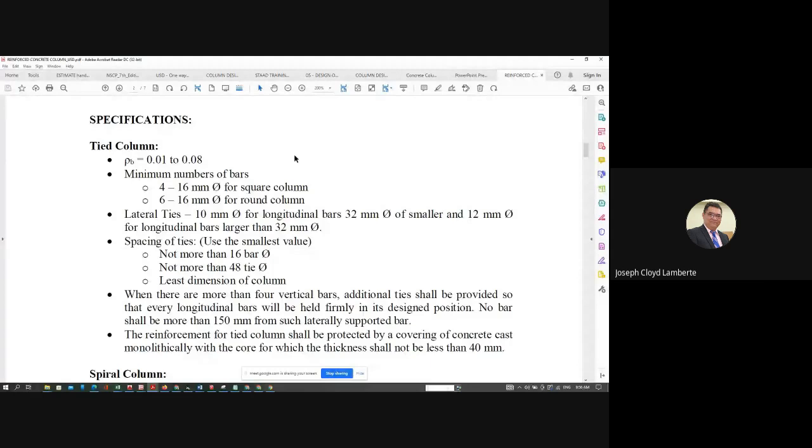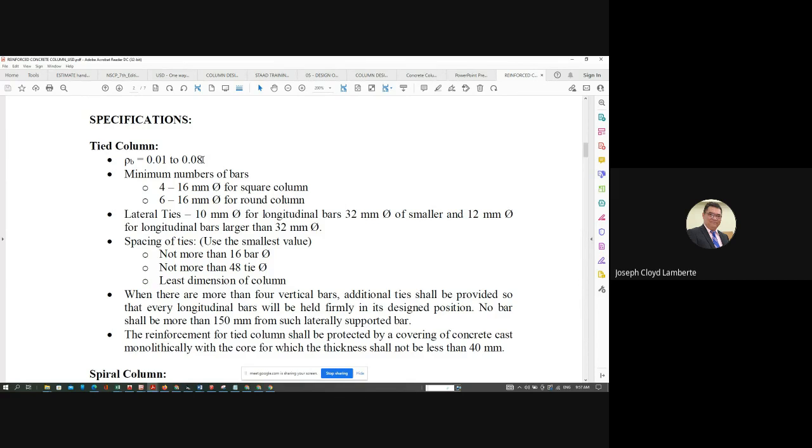Take note, 1 to 8%. This is for general columns. However, for seismic requirements, it is 1 to 6% only. If you reach 7 and 8%, that is too much, your reinforcement becomes congested in your column section.